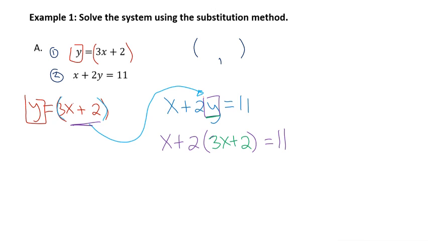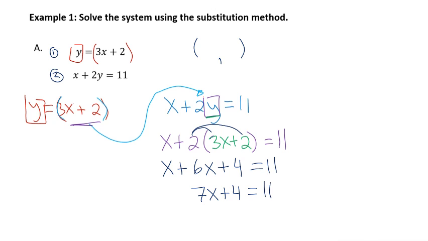I'm going to look at my left-hand side. I see a parenthesis, so I have to distribute and simplify this side. So we actually get 6x plus 4 equals 11. I'm going to combine like terms, and then it just becomes a two-step equation.